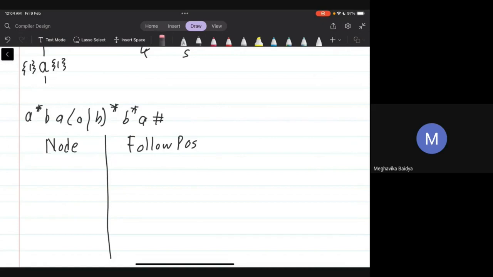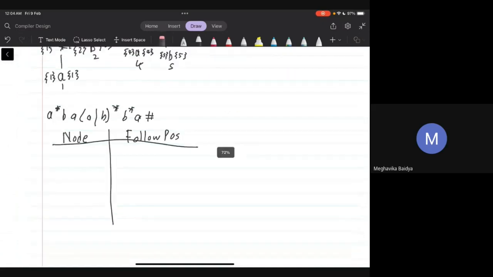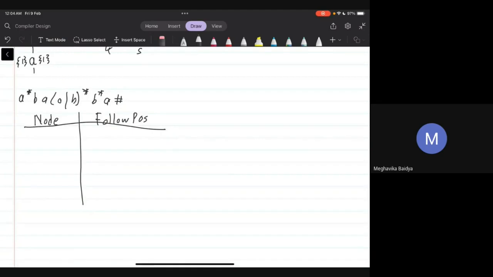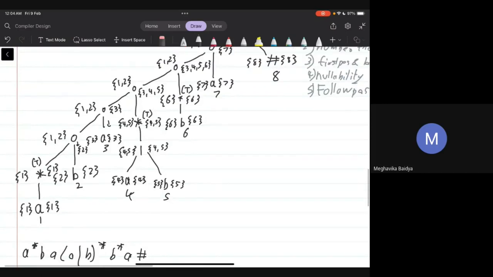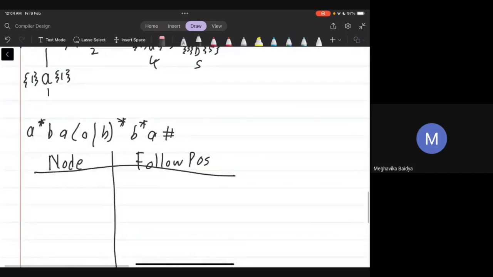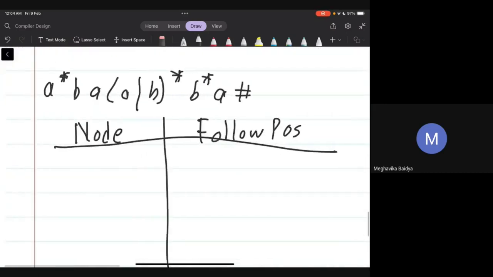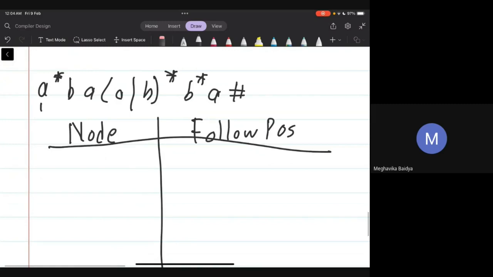Okay, so let's number the nodes. We have already numbered it in the table, but let's also number it here so it's easier for us. So this is 1, 2, 3, 4, 5, 6, 7, 8.